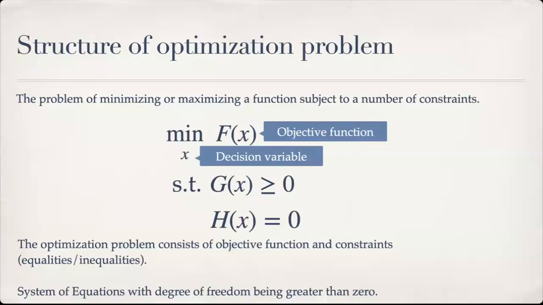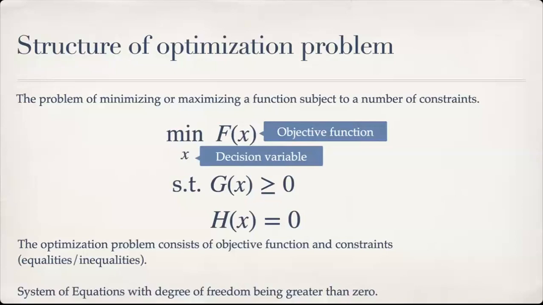So we want to minimize the objective function by adjusting decision variables. We adjust X in order to minimize f(x).